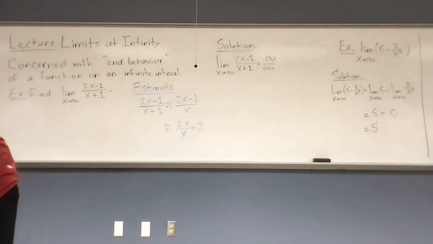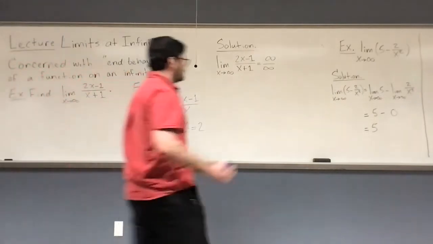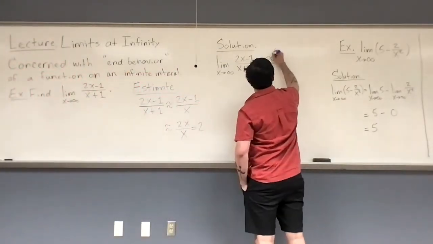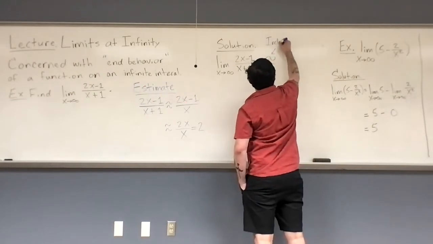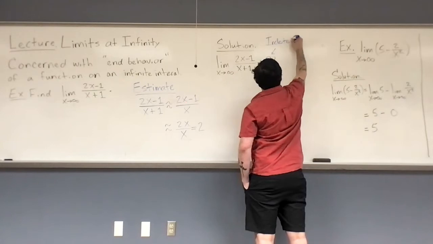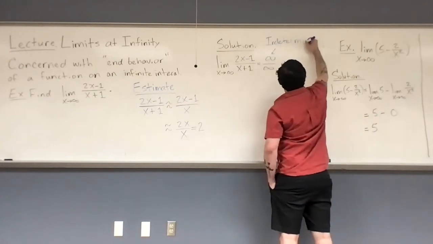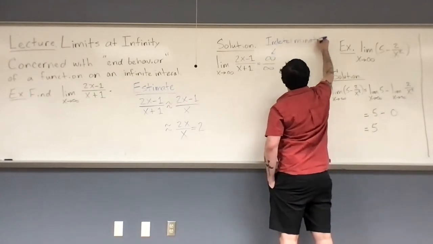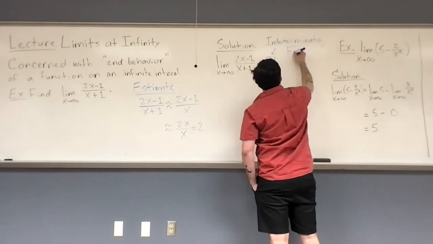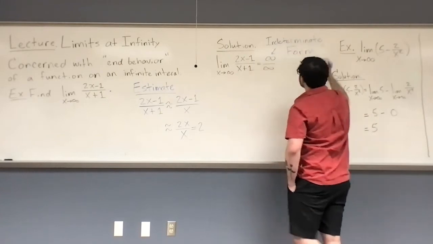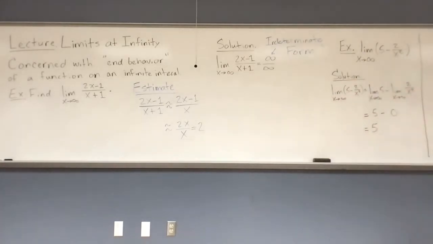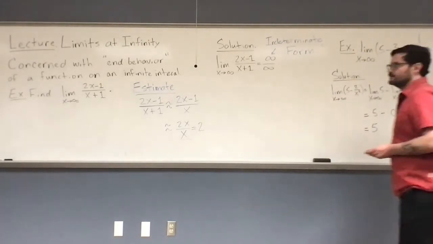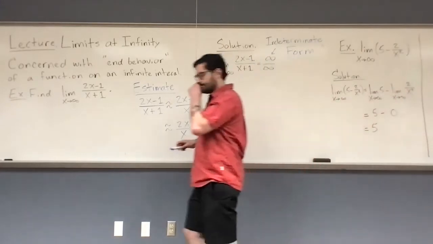This is called the indeterminate form. Infinity over infinity, or 0 over 0, or something like that. Something that doesn't make any sense.